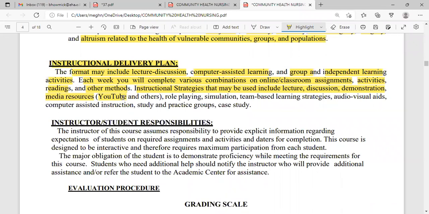So the instructor can help you with what you need, because some students work so hard, but they do not know what they should know. Some students do not even know what they do not know. The role playing, simulation lab, team-based learning strategies, audio-visual aids, and computer-assisted instruction, study and practice groups, and case studies.